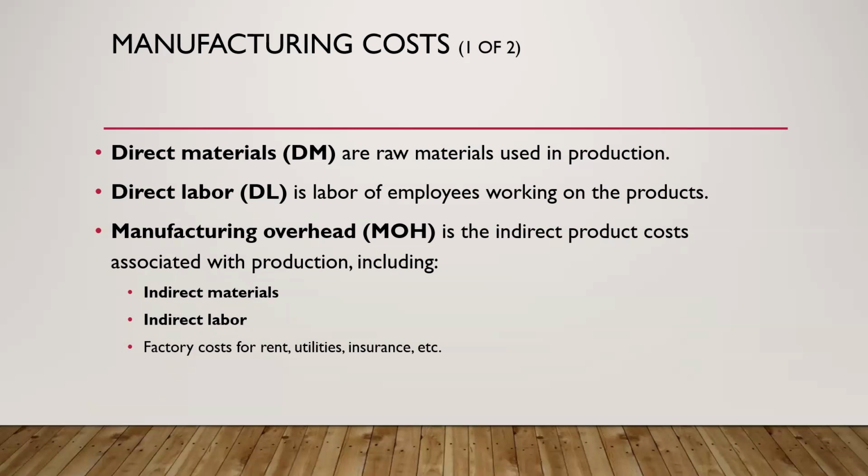Indirect labor is labor costs for activities that support the production process, but either cannot be conveniently traced directly to a specific product or are not large enough to justify tracing it to a specific product.